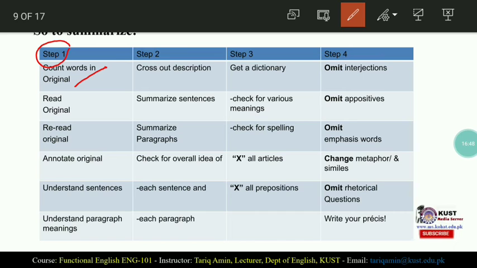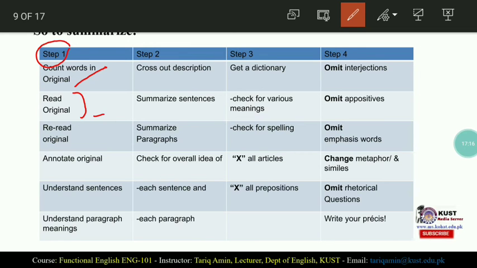After that, your text might contain 10,000 words, or 100 words, 200 words, 300 words, 500, 800, or 1000 words. So you need to count the words. And after that, you need to read the original piece of writing. You need to read the whole text after counting the words.